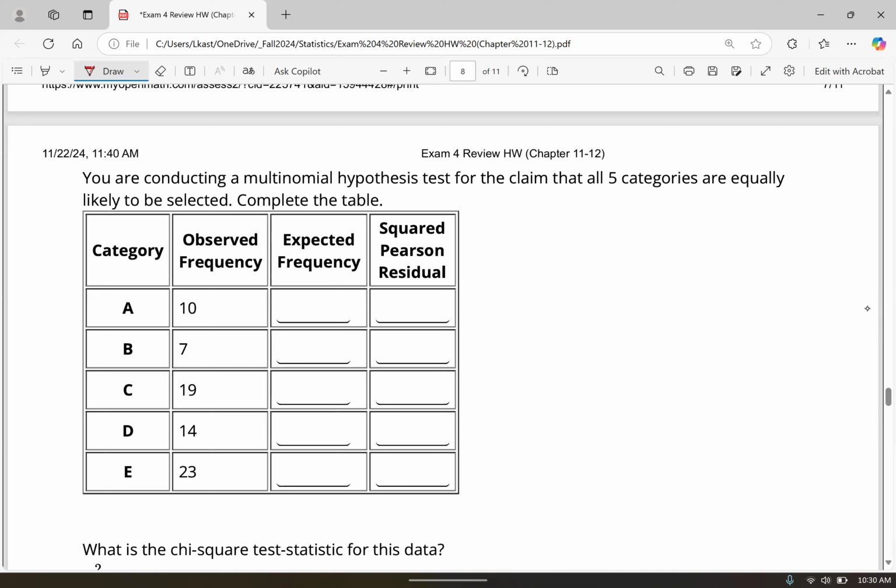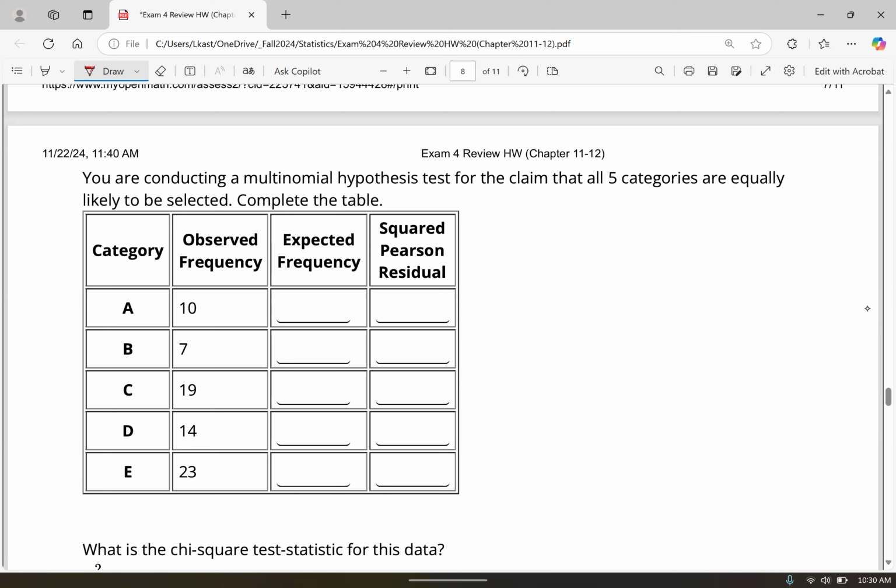You are conducting a multinomial hypothesis test for the claim that all 5 categories are equally likely to be selected. So that means that each category has exactly the same expected value. If they're equally likely, each one of them will have the same value.